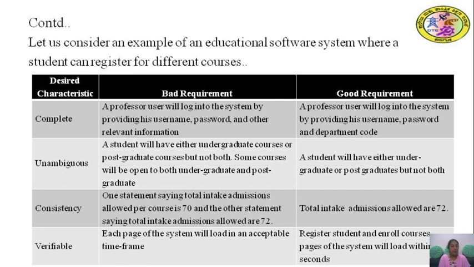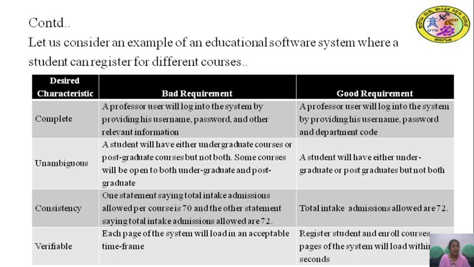The next characteristic we are going to look at is consistency. No two requirements in the SRS should conflict with each other. They should be consistent throughout the SRS. But here in the example, the total intake of admissions has been specified as 70 by one statement and the other statement specifies it as 72.